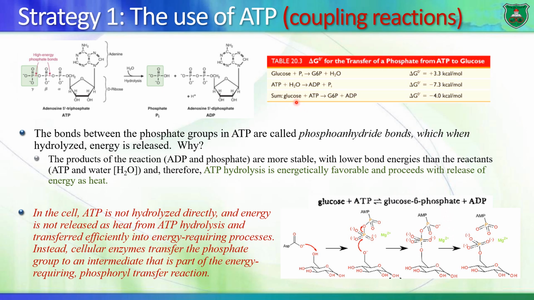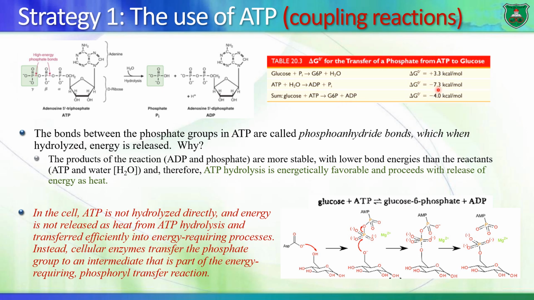So if we, for example, add a phosphate to glucose directly to form glucose 6-phosphate, the reaction is endergonic. It's plus 3.3 kilocalories per mole. But if we couple this reaction to the ATP hydrolysis reaction, the reaction becomes glucose plus ATP giving us glucose 6-phosphate plus ADP.